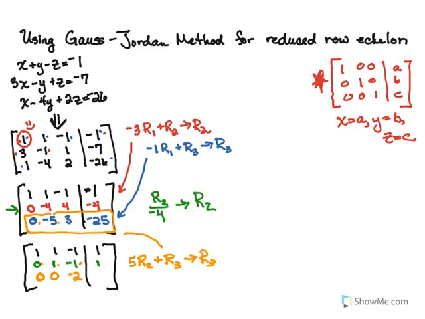And then 5 times... I'm sorry, I'm looking right here. 5 times 1 right here, which is going to give me 5, plus this negative 25, which is going to give me a negative 20. So just for clarification, I was manipulating this row, adding it to this row to get my new row 3.